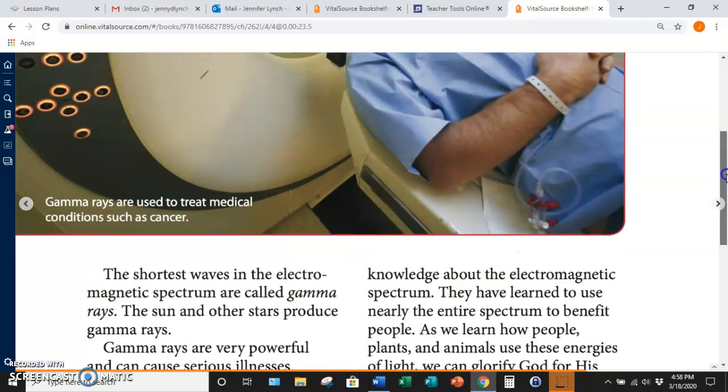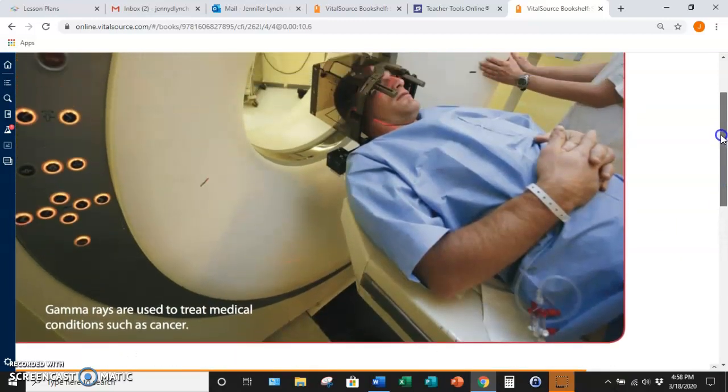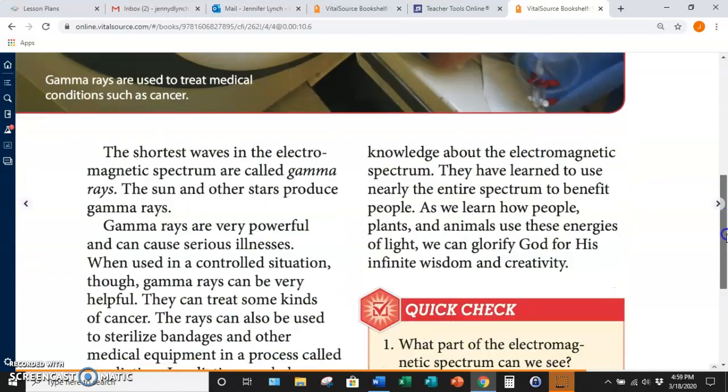So if it weren't for people looking into all of these things that God created for us, we would not have all these cool things like this right here. Gamma rays are used to treat medical conditions such as cancer. This guy is getting a cancer treatment because of the gamma rays, that big circle-y thing here. Isn't that cool?